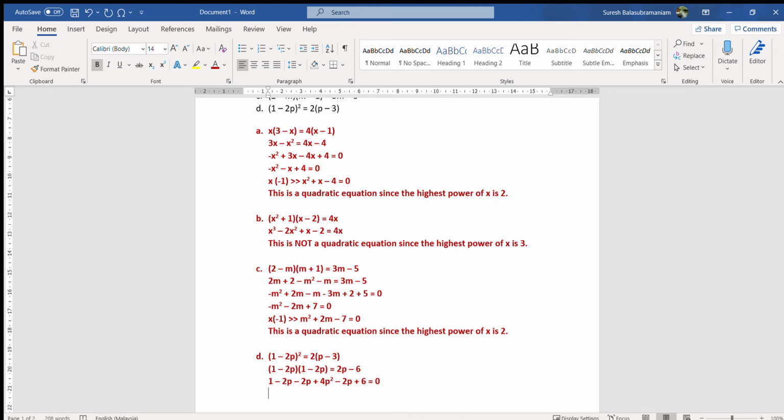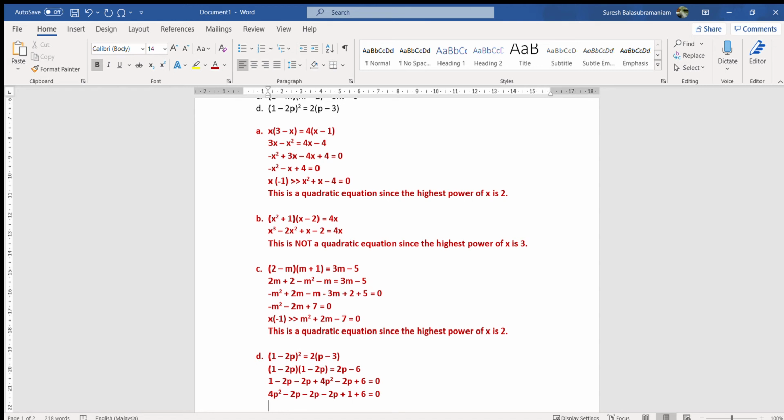Okay, I'll rearrange with the p square in the front. So I'll get 4p square minus 2p minus 2p minus 2p, and the numbers I have plus 1 plus 6 equals to 0.